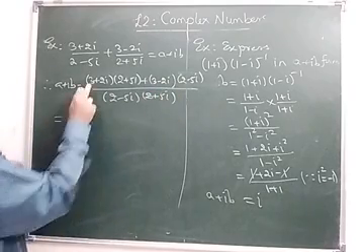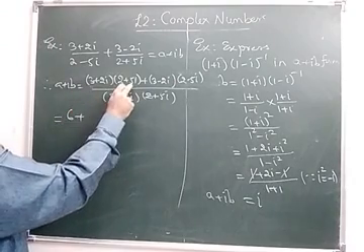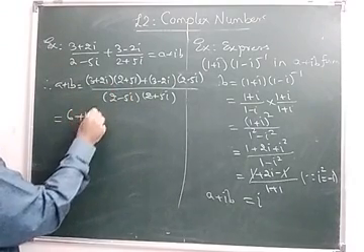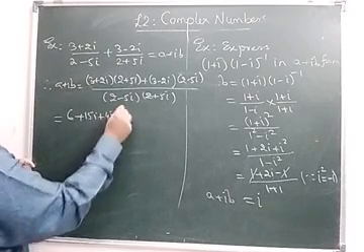If you simplify this, what is 3 into 2? 6 plus 3 into 5, 15i, plus 2 into 2, 4i, plus 10i square.